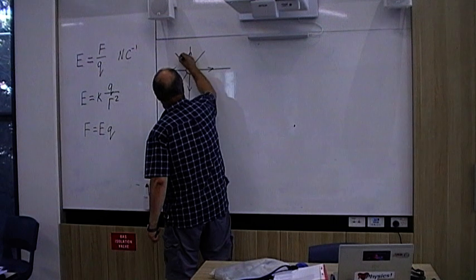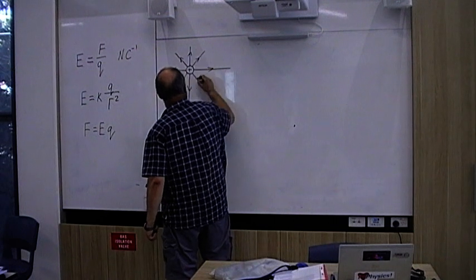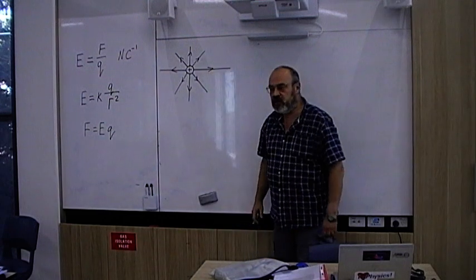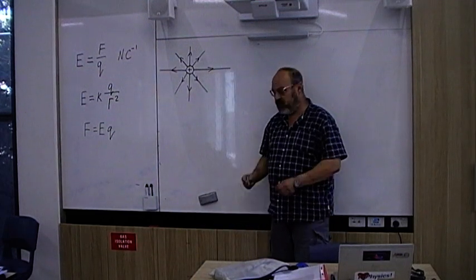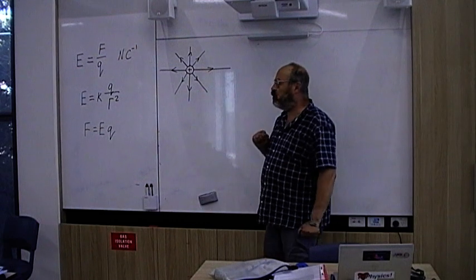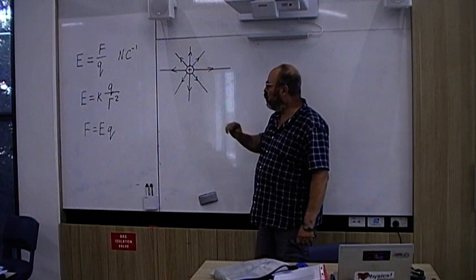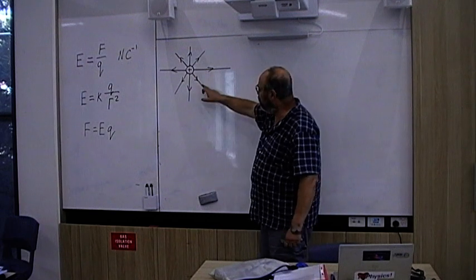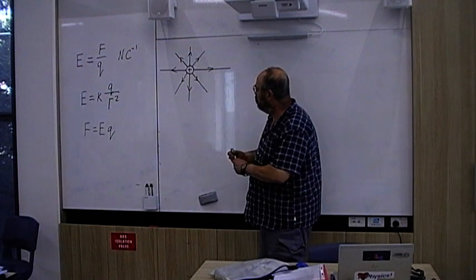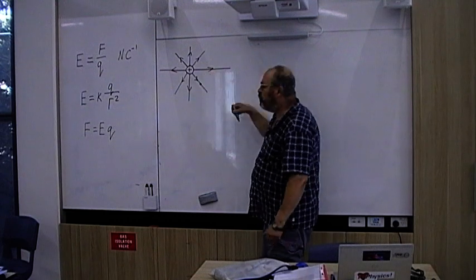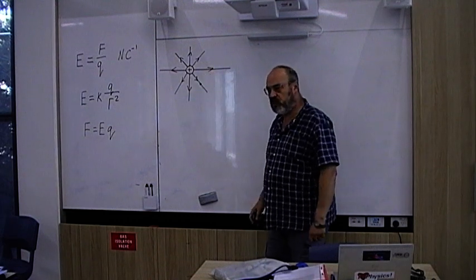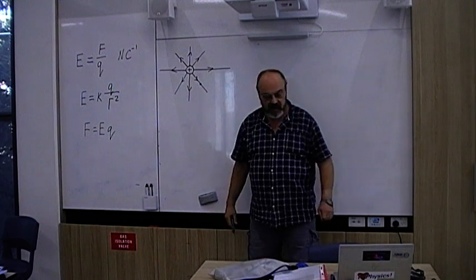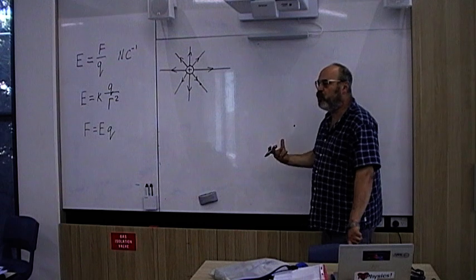Those lines show the direction of the force acting on the positive charge if we bring it into this point. Because this field is created by a positive charge, if we bring a positive charge here, it will be repelled, so that will be the direction of the force. So the direction of the field tells us the force on the positive charge.